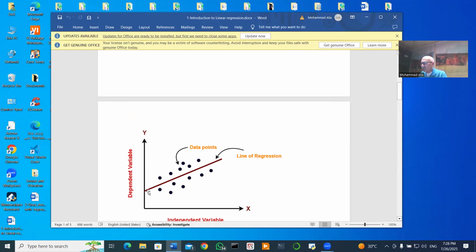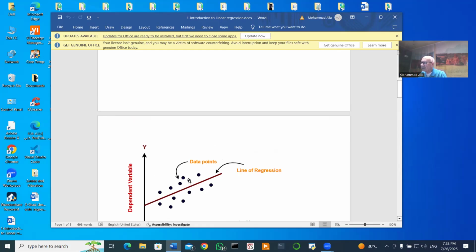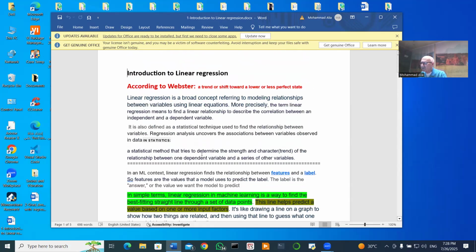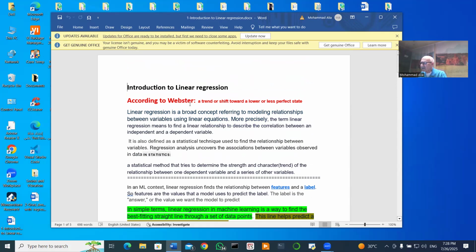So when we assume that this line is descriptive and really maps the general characteristics of the whole set, this process is associated with degradation of the information. Here it comes now, as Webster has said, that it is a trend or shift towards a lower or less perfect state.